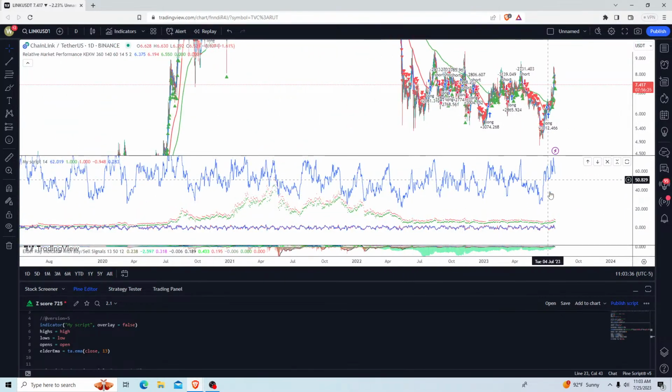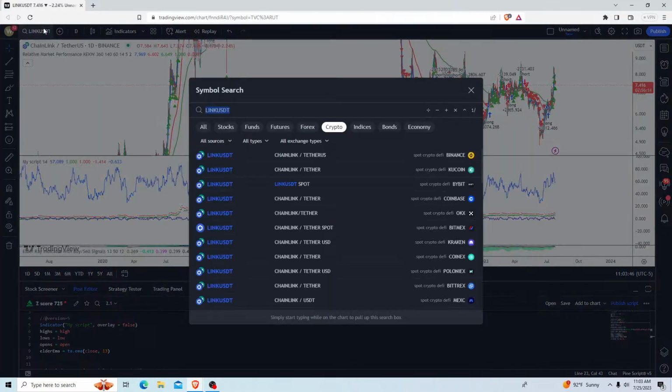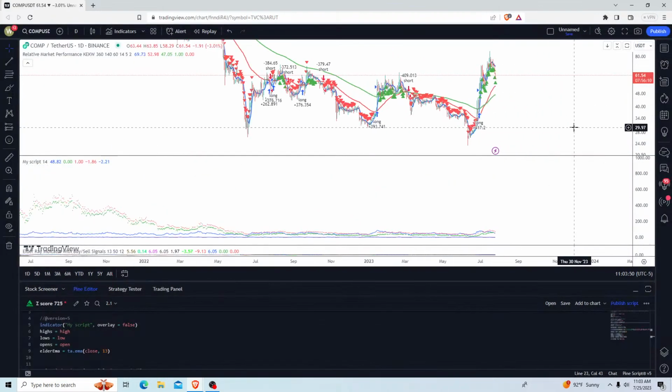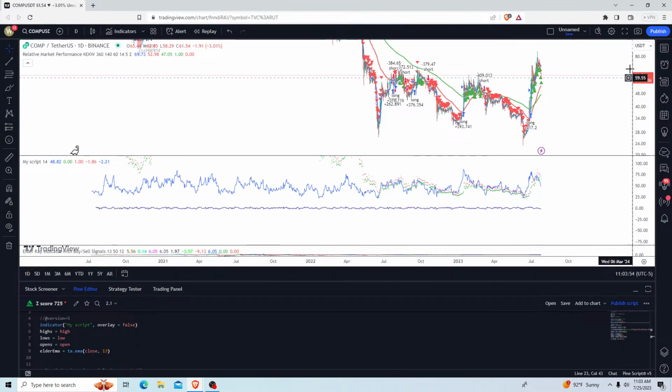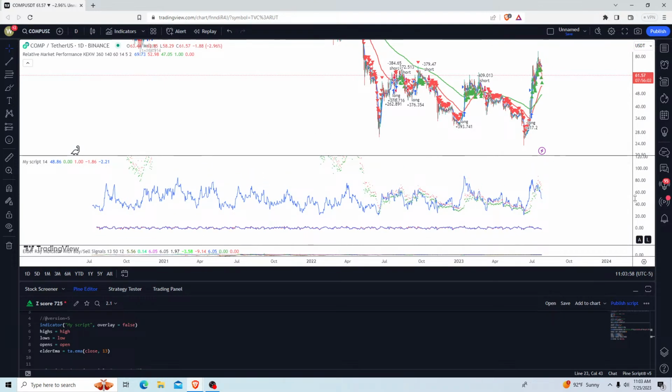I don't know what this indicator is that I made. What is this blue line that I have?